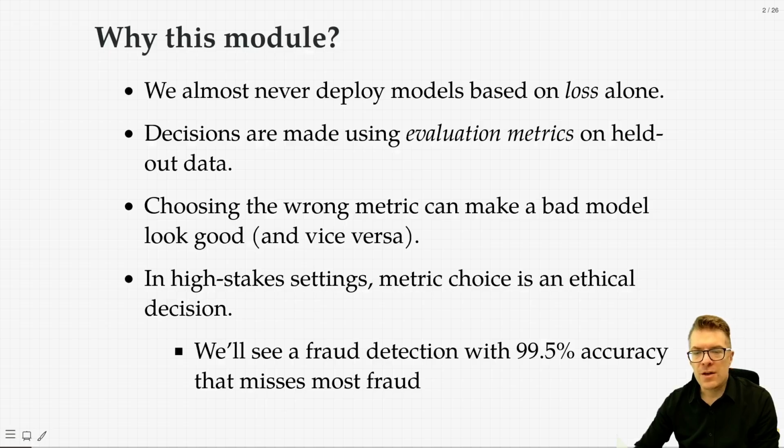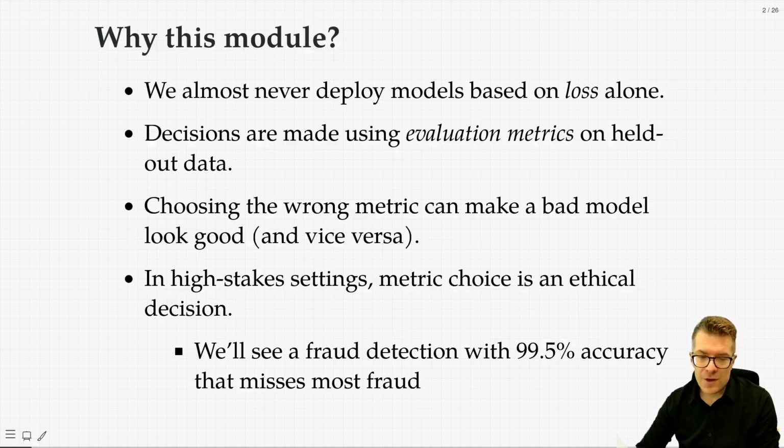If we're using the wrong metric choice, the wrong evaluation measure to describe the model, then in some sense we're not giving a true account of the performance of that model, and therefore we're putting something out in the world in a way that is essentially somewhat unethical.